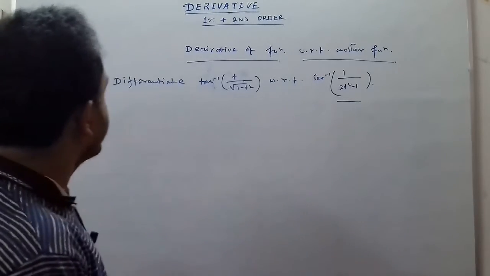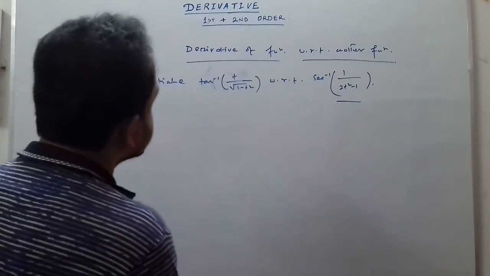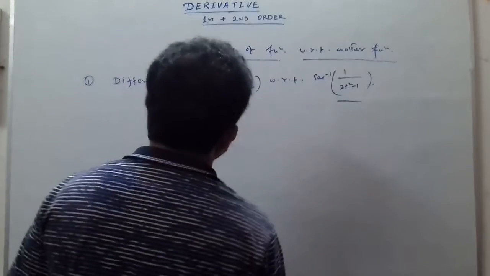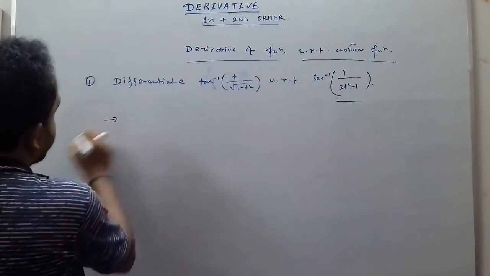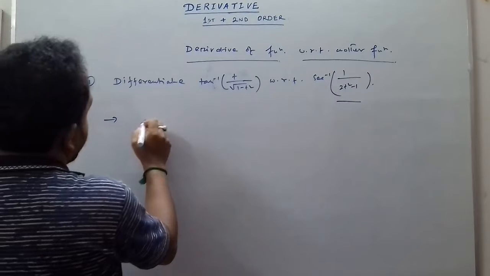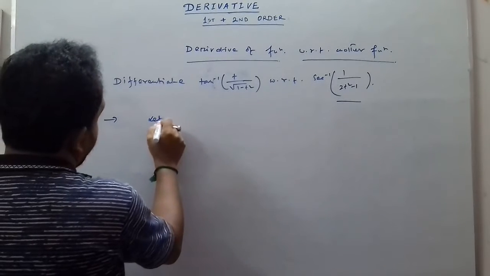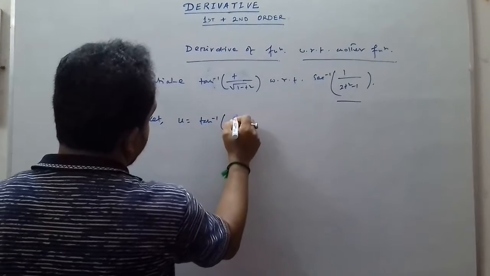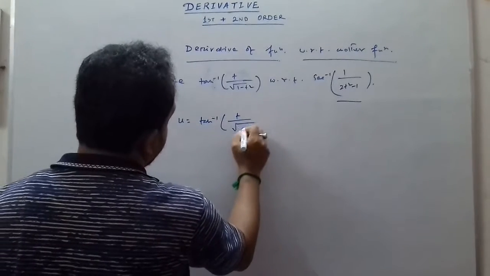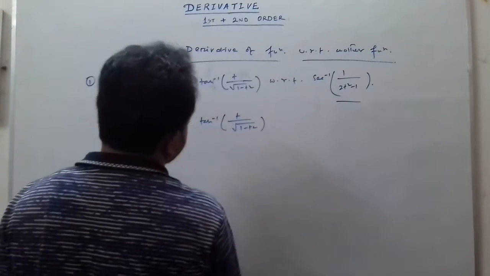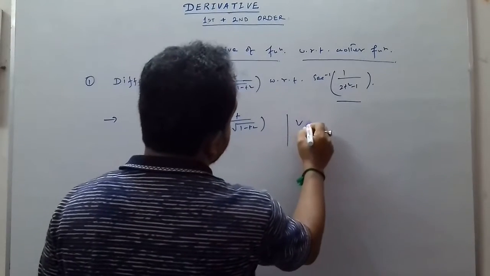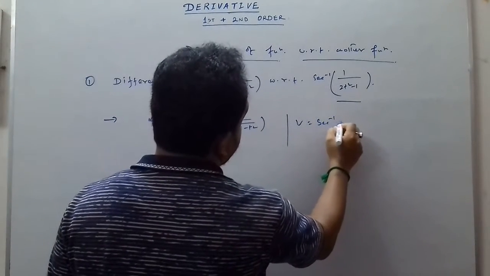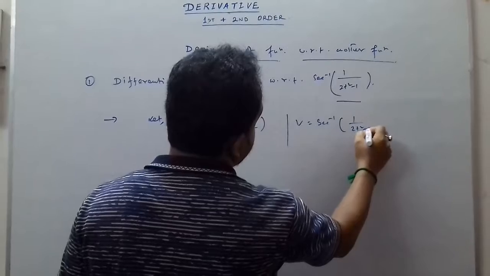So first of all we assume that u is equal to tan inverse of t over root under 1 minus t square, and v is equal to sec inverse of 1 over 2t square minus 1.